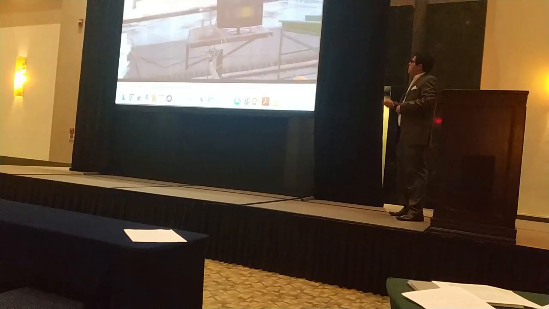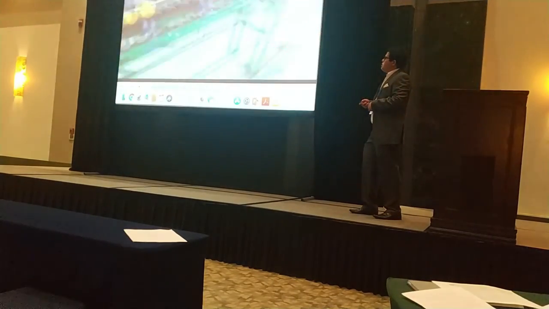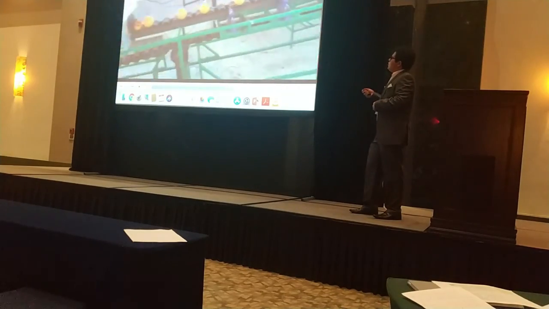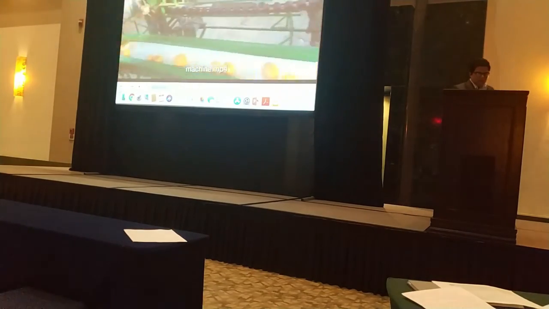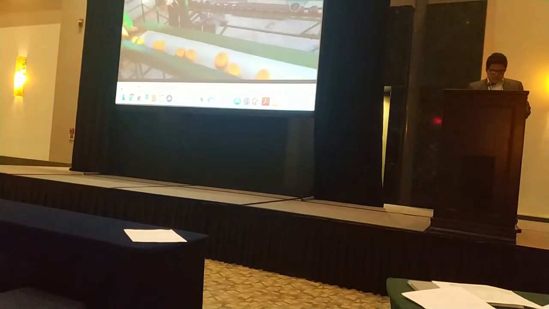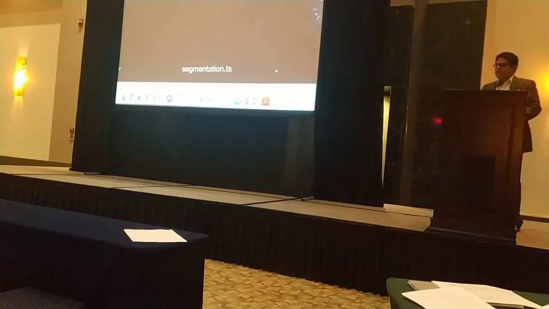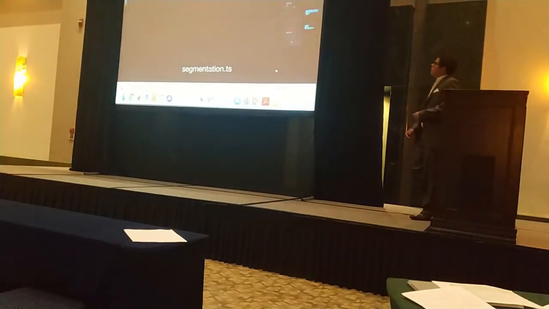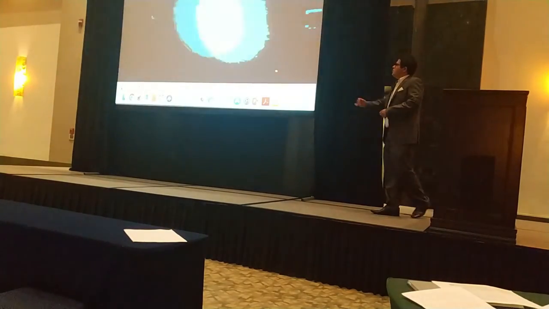So this is the machine at runtime. This is not the output of the FPGA, but there you can see the oranges passing through the loop. Here is the segmentation in real time. This is at the maximum velocity.